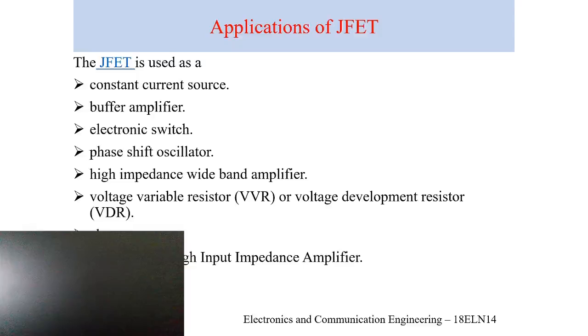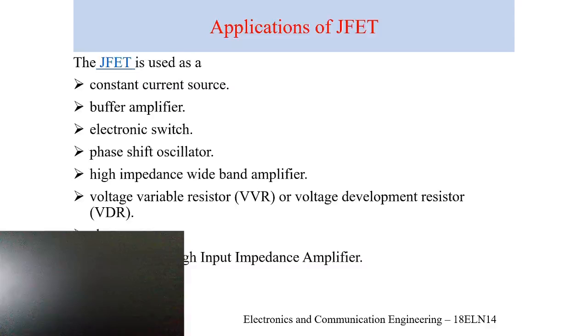Next, moving on to applications, there are some important applications of a JFET. It can be used as a constant current source, as a buffer amplifier, as an electronic switch, in a phase shift oscillator, and as a high impedance wideband amplifier.